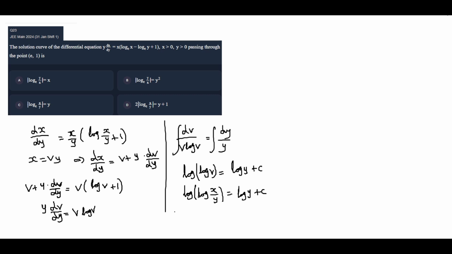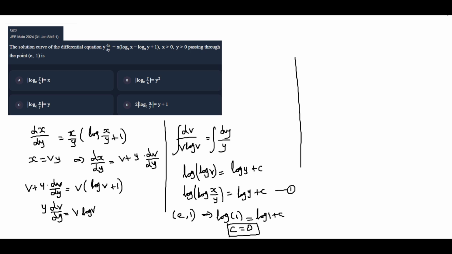So using the point e comma 1, applying it in equation 1, log of log e is 1, because log e value is 1, into log 1 plus c, so c equal to 0.